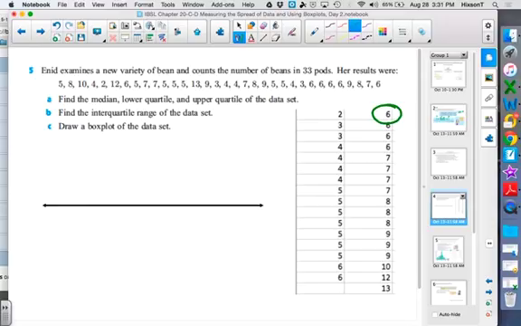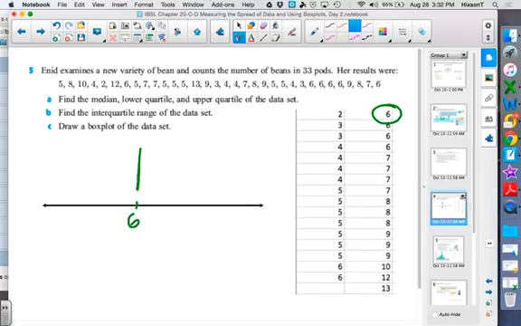So if I'm drawing a box plot, I'm going to put 6 here, and I'm going to go ahead and put the bar for my median right there. Okay? Now, we want the lower quartile. So the median of the bottom 16 is going to be where?